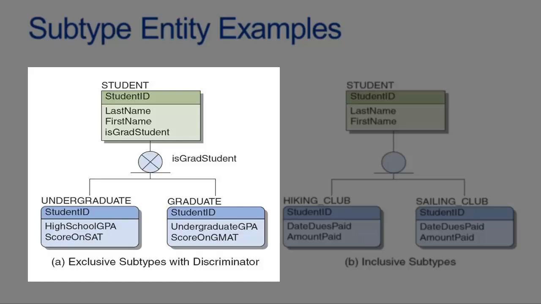So a graduate student, for example, has an undergraduate GPA and a score on the GMAT exam, whereas undergraduate students in this model do not have those attributes. Remember that when the subtype is a specific type of the supertype, in this case a graduate student is a student, an undergraduate student is a student, then the subtype inherits all of the attributes of the supertype.